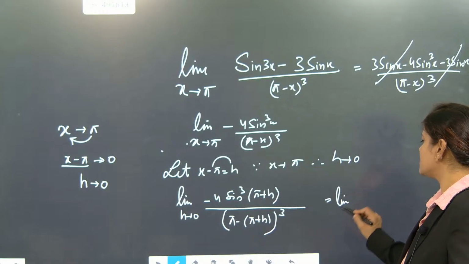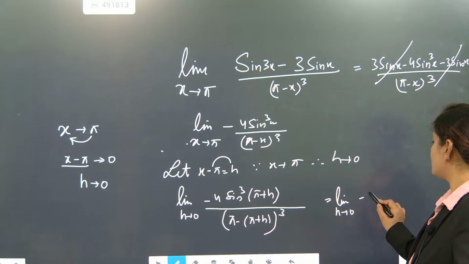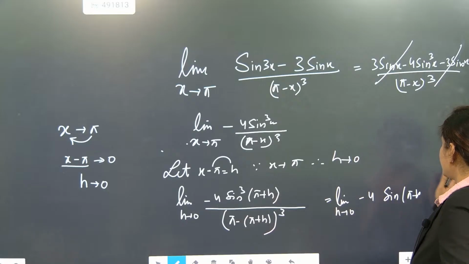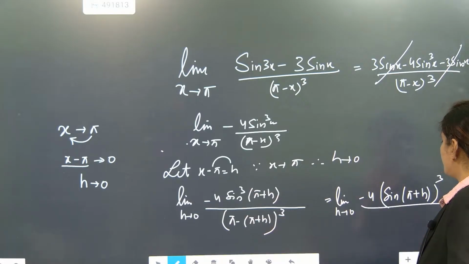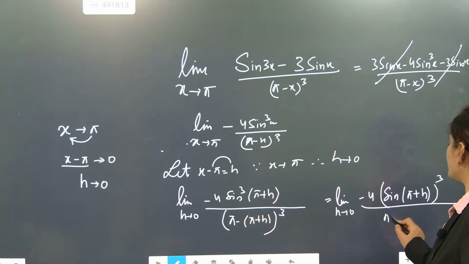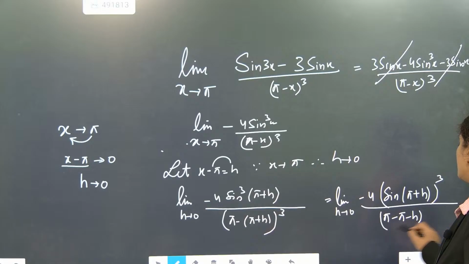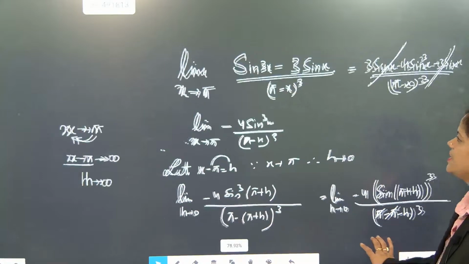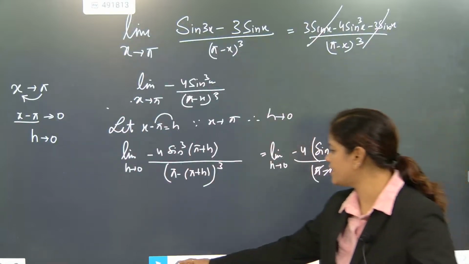And down it will be minus pi minus h whole cube. This and this will get cancelled. See, with strategy you will be able to attempt any level of question. I hope you have understood.